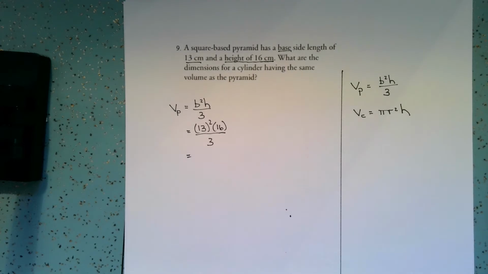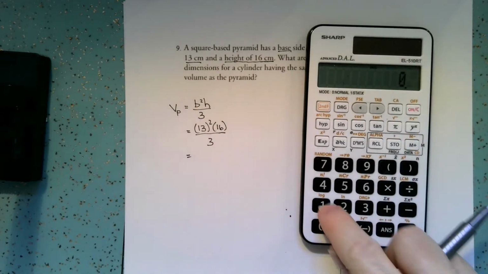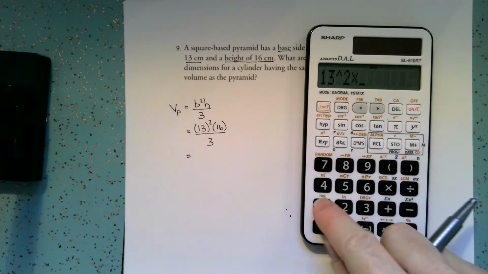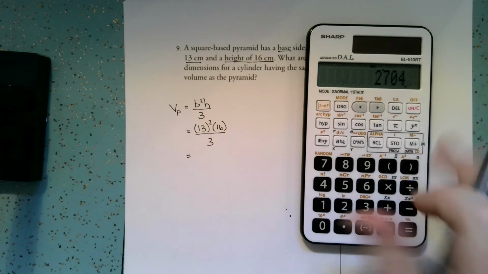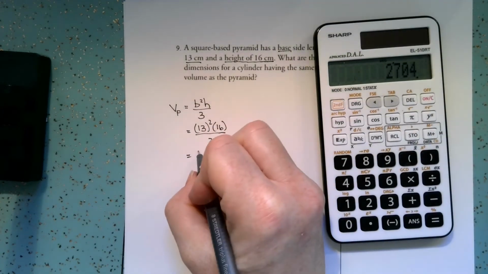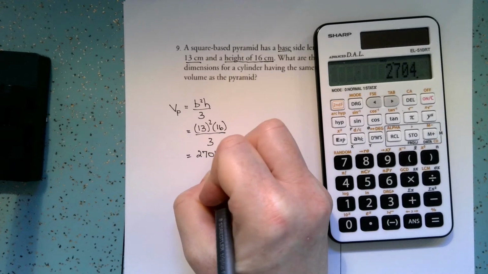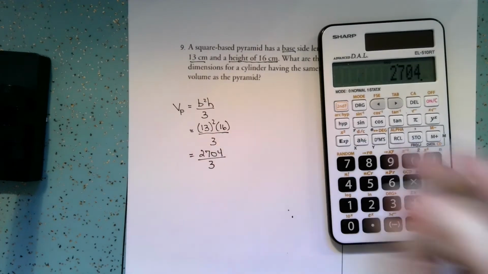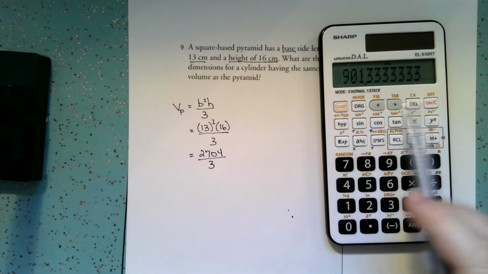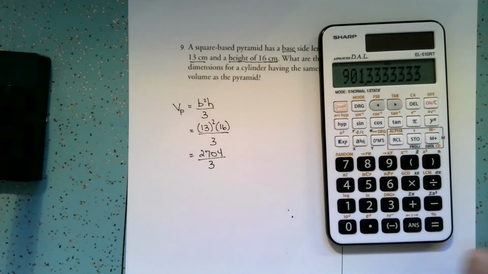I'm going to calculate that. 13 squared times 16 is 2,704. So I have 2,704 divided by 3, and if I do that division, it's 901 1/3.